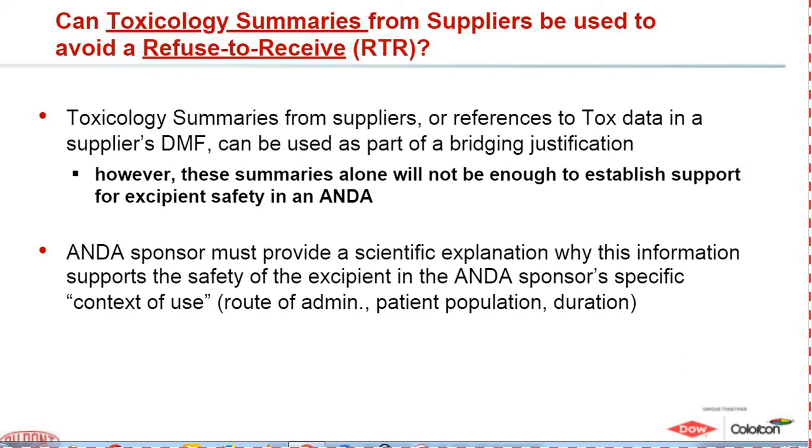You need to build your story around why that information applies in your particular context of use. So the sponsor, the NDA sponsor, really needs to build this scientific explanation that supports the safety of the excipient in your context of use, which means the route of administration, the patient population, or the duration.